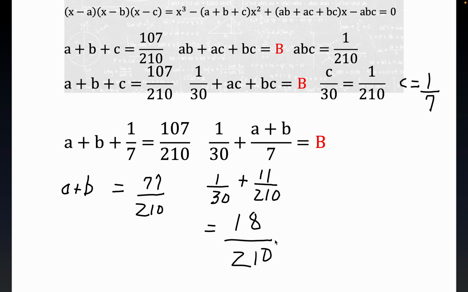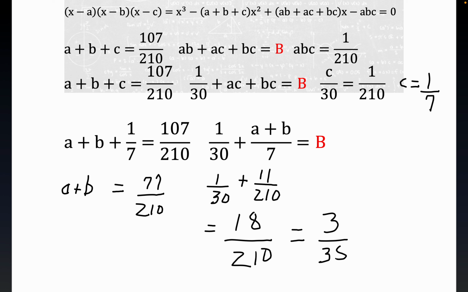Now, you can tell that this is divisible by 3 by the sum of the digits test. In fact, it's divisible by 6. 6 times 35 is 210, right? And 6 times 3 is 18. So we get right here that this is equal to 3 over 35.